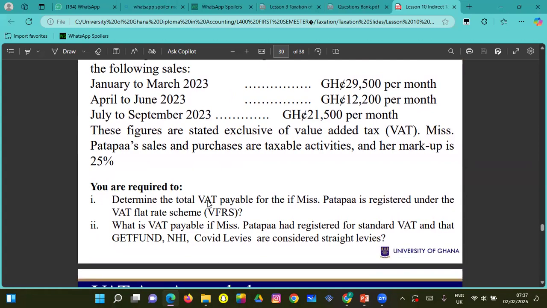So here they are telling us to determine the total VAT payable if Ms. Patapa is registered under the VAT flat rate scheme.